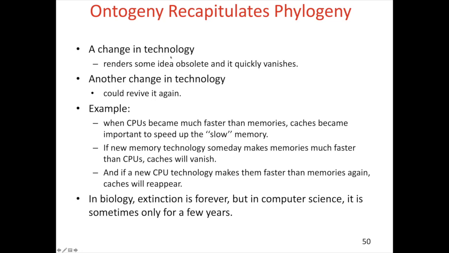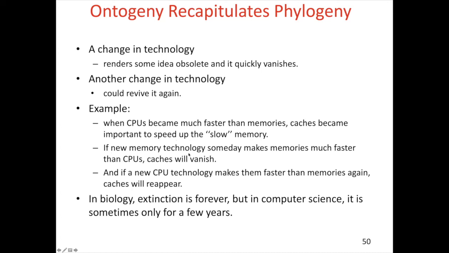A change in technology renders some idea obsolete and it quickly vanishes. Another change in technology could revive it again. For example, when CPUs became much faster than memories, caches became important to speed up the slow memory.